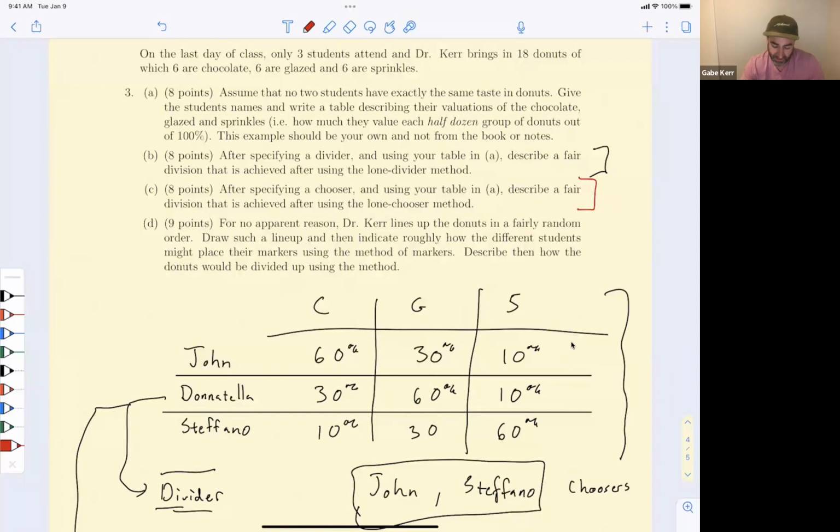Whereas for the lone chooser, you have a first step, which is a fair division amongst the dividers first, and then they individually will make the divisions of their already divided pieces. So I just want to see that process worked out.